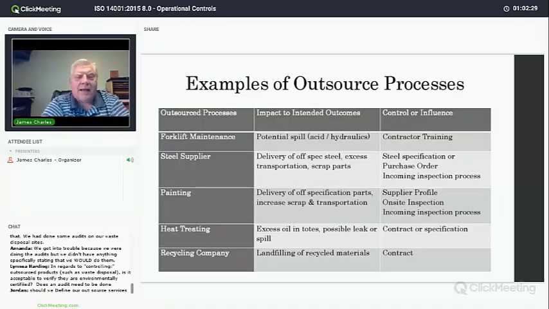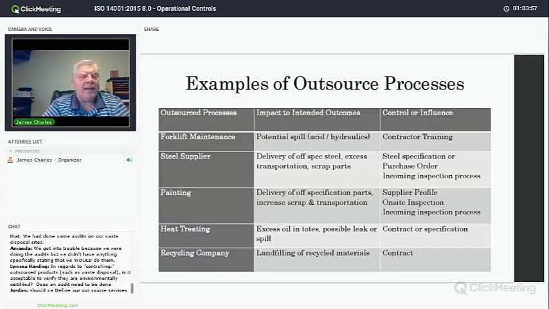So the first example here, our contractor. This is the first person here we would call a contractor. He comes in, he does forklift maintenance on our forklifts. First question is, how do they impact our intended outcomes? Well, he could create a spill. Acid spill, hydraulics could impact my compliance obligation. Then how do I control or influence that?